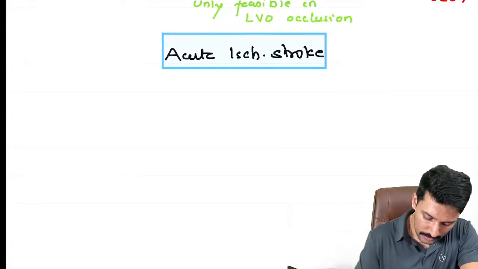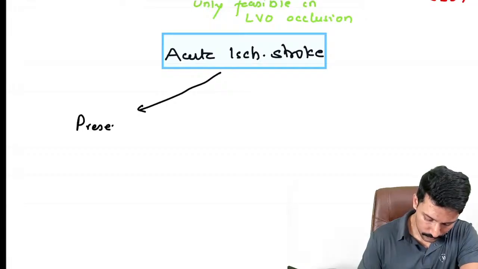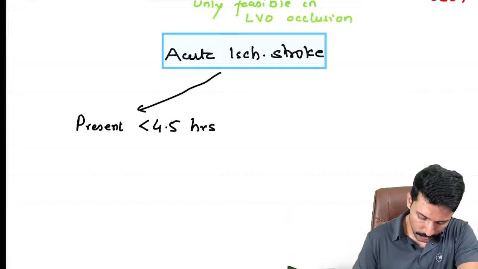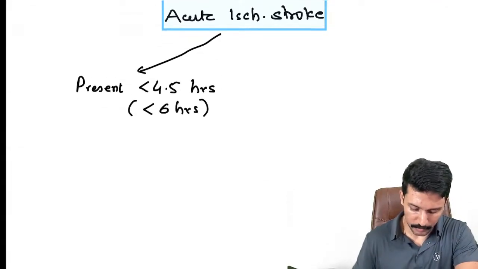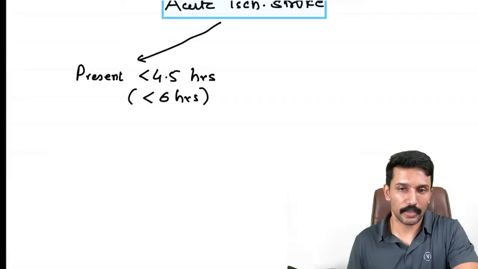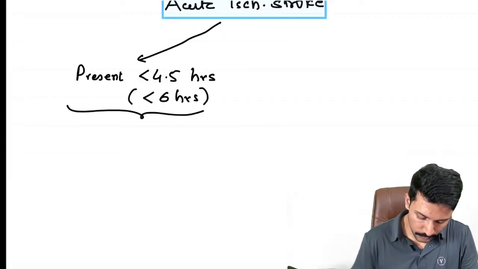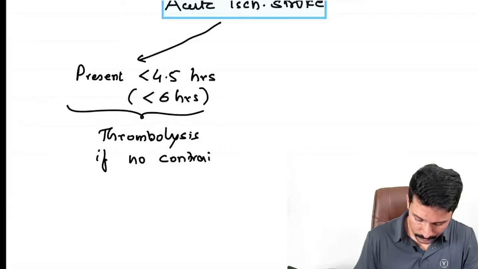By default, currently the guidelines recommend going for thrombolysis if they present within 4.5 hours, and according to Harrison within 6 hours. Then the first thing we do is go for thrombolysis if there are no contraindications.